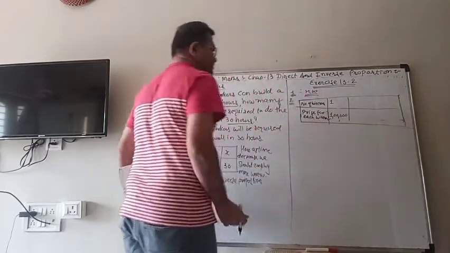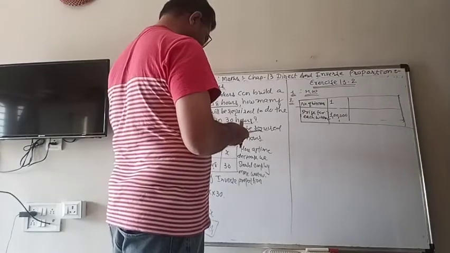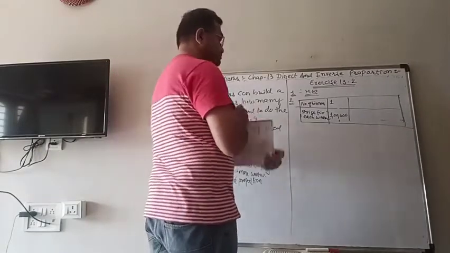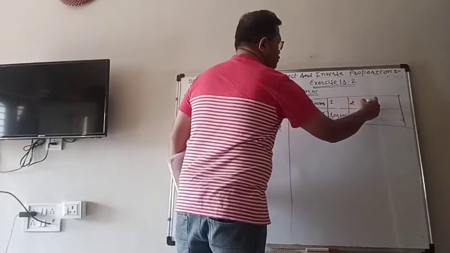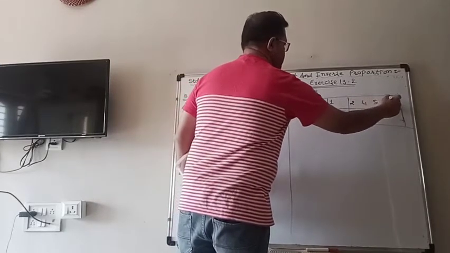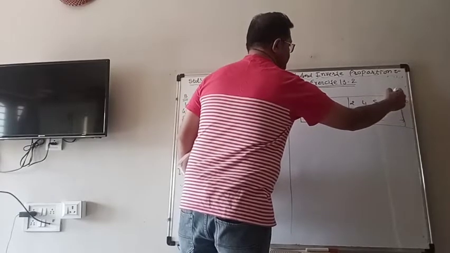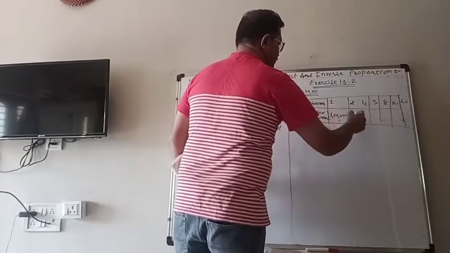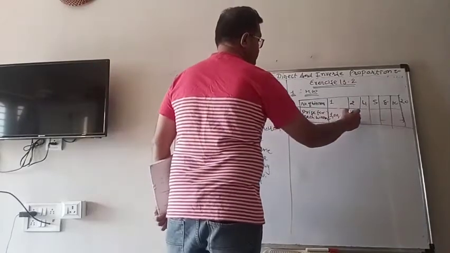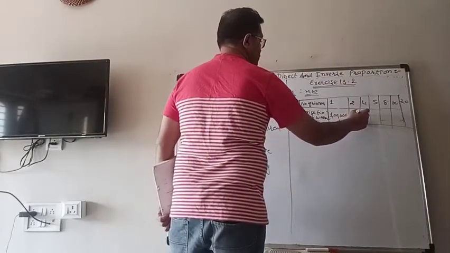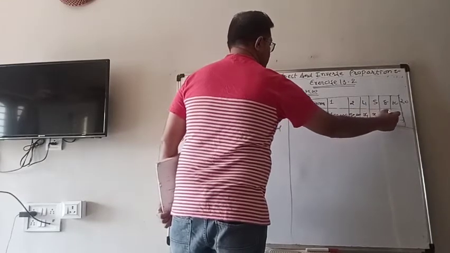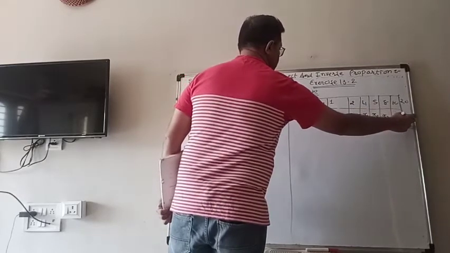Now there are some different values given: 2, 4, 5, 8, 10, 20. For 2 also they gave 50,000. So we can take here x1, x2, x3, x4 and x5.